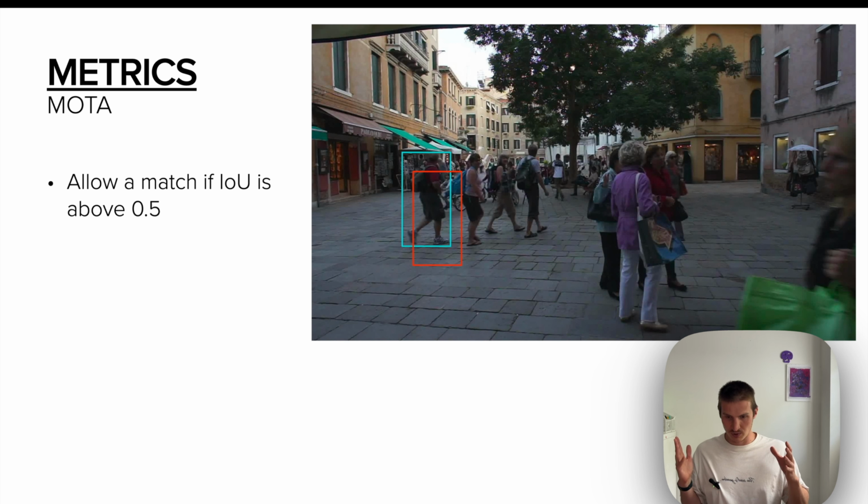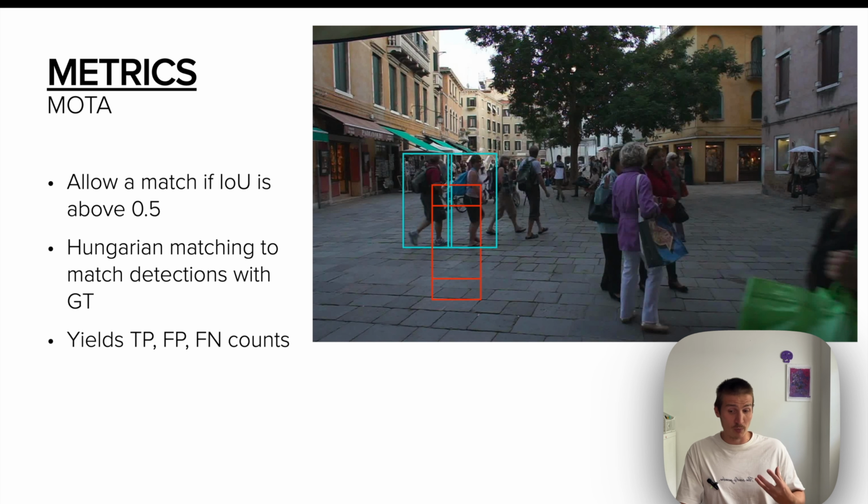We start with just detection quality. To assess it, we have our ground truth objects, this person, for example, and we have detections, like this red bounding box. We'll only count it as a match if the intersection over union is above 0.5.